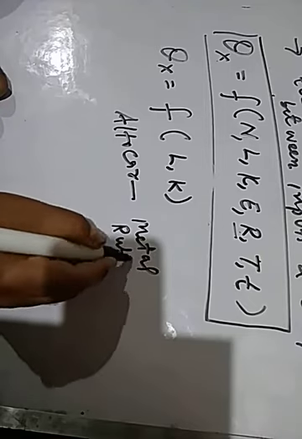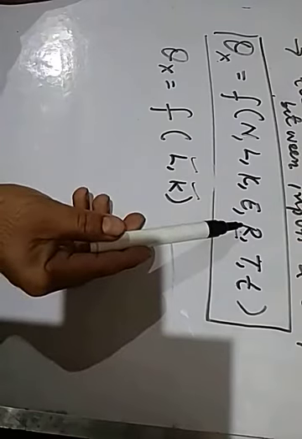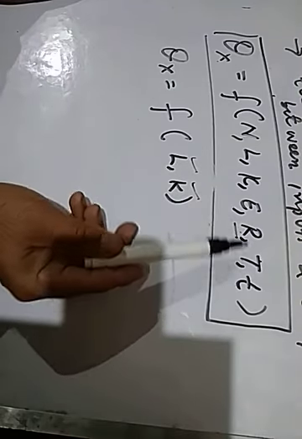Therefore, the final general form of this production function is level of output. It is a function of labor and capital, besides land, raw material, technology, time, etc.